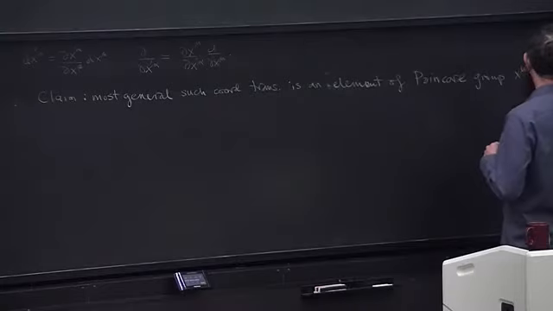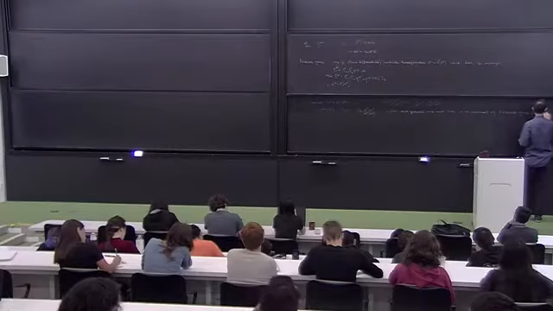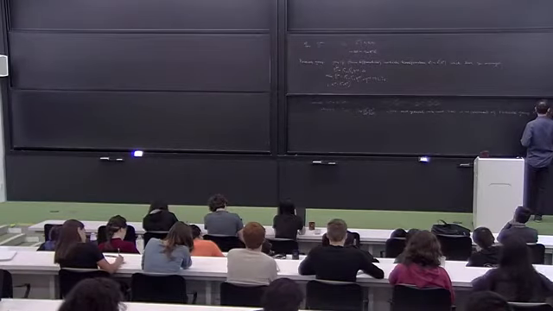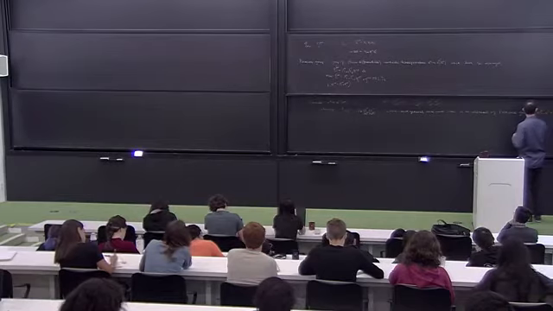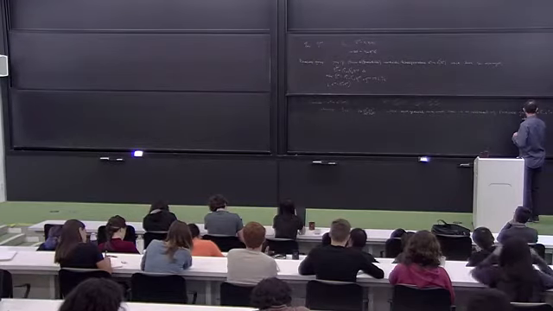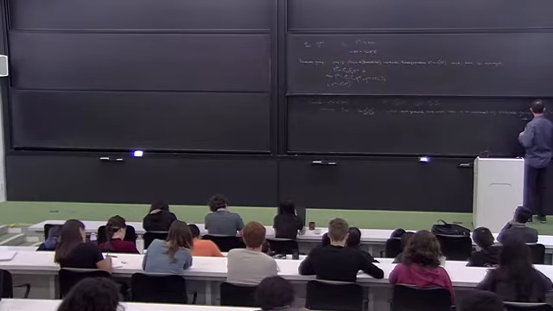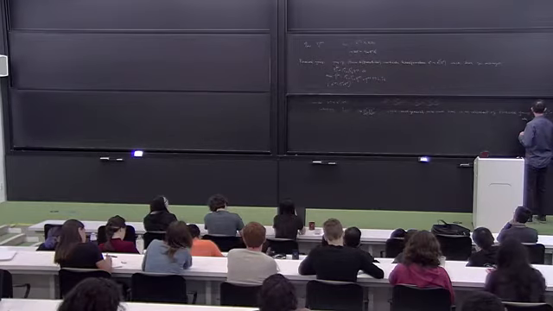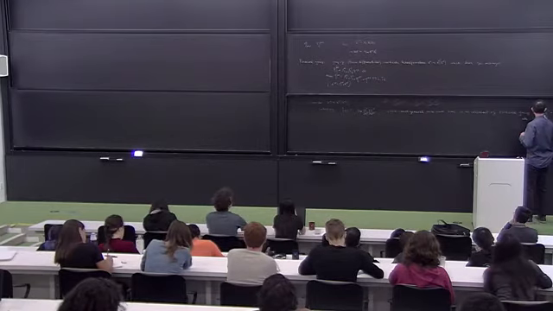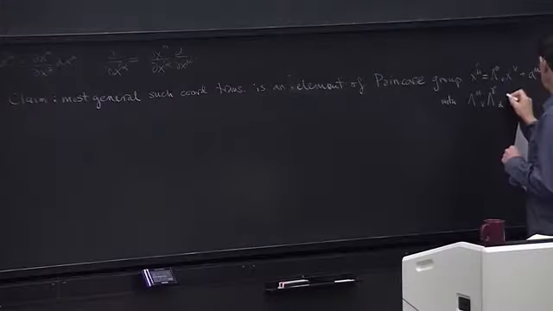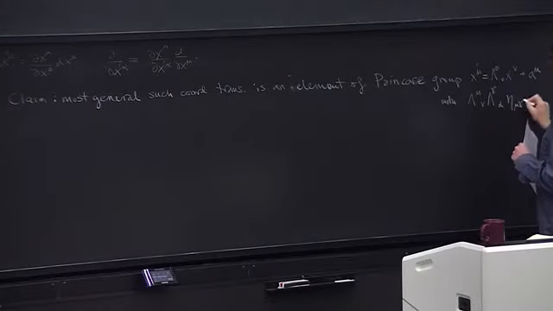Namely x prime mu is lambda mu nu x nu plus a nu, with lambda mu nu lambda gamma alpha eta mu gamma equals eta nu alpha.